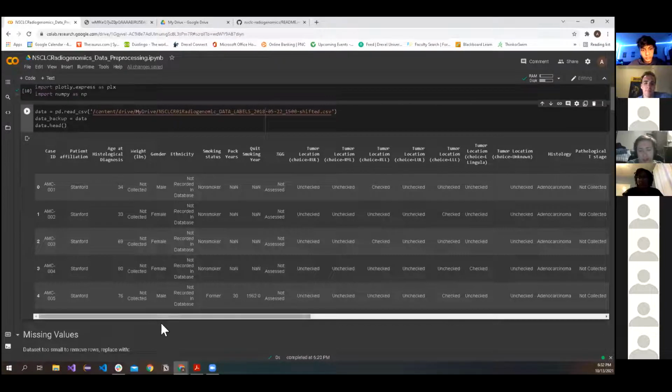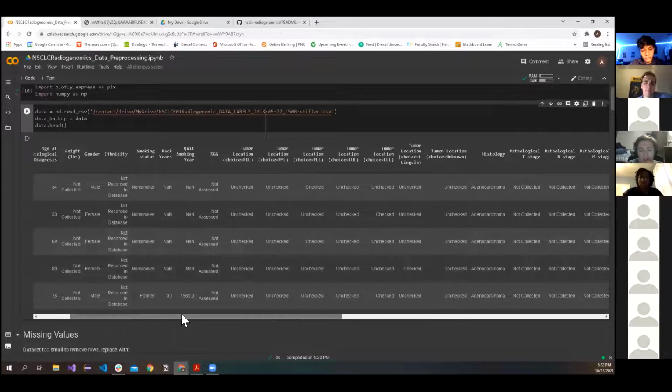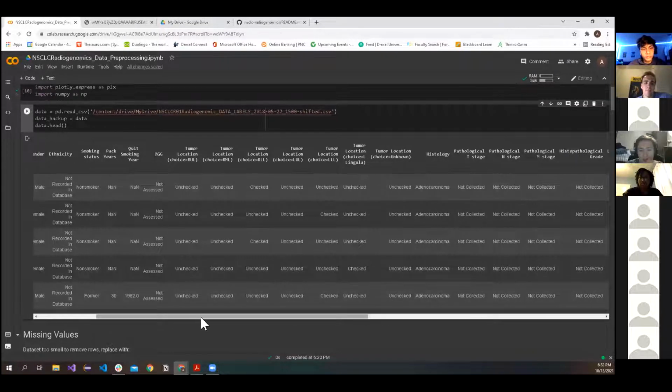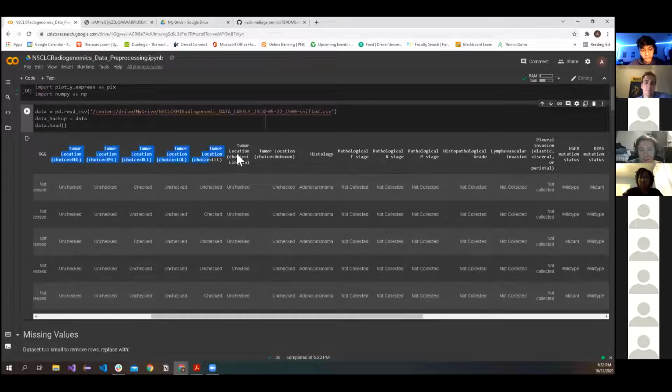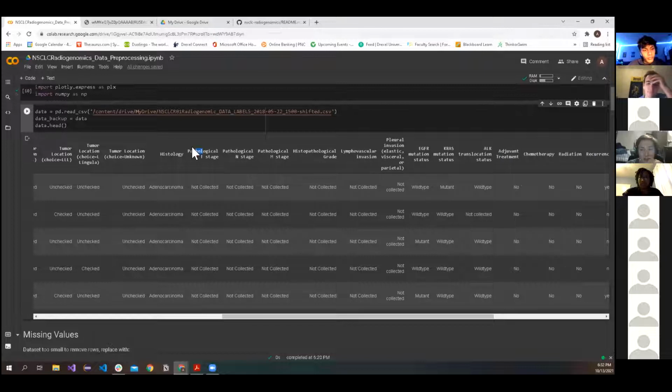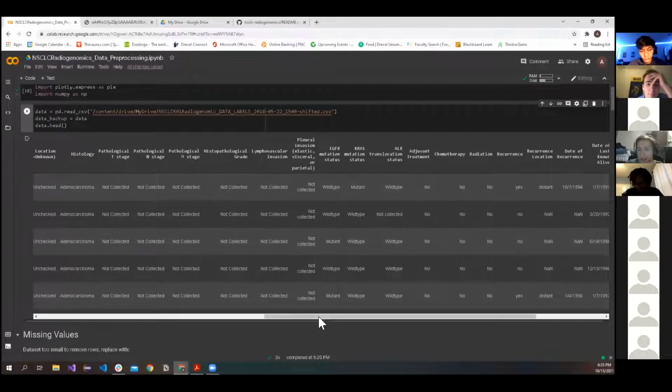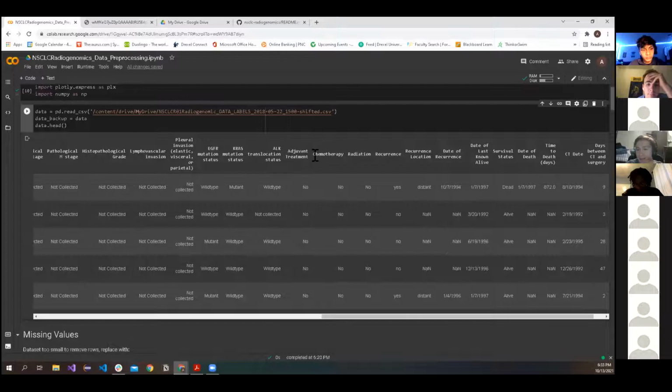But yeah, just different things like their weight, gender, ethnicity, smoking status. They have some specific things related to the way they detect tumors, as well as the stage, as well as their diagnosis. There's just their pathological stage. I had to look a lot of this up, but yeah.